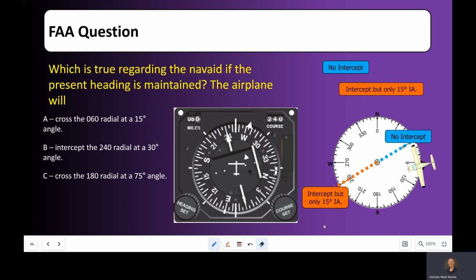Well, the obvious answer then is choice C, but just walking through it, okay, will we cross radial 180 at a 75-degree angle? So there's my 180. You can easily see that we will cross over it. Now the difference between my heading, 255, and 180, that is, when you do the math, 75 degrees. So that's why answer C is the correct answer for that one there.